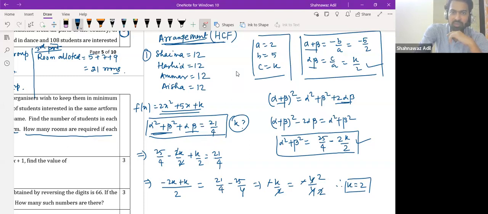These are the chapters. But we have already practiced a lot of questions.